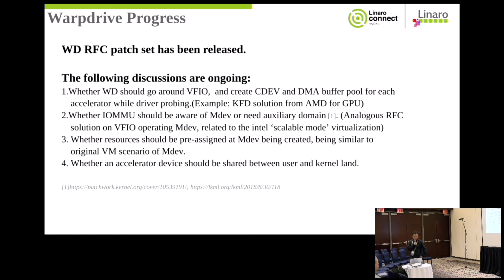The example is the KFD solution from AMD for GPU. Secondly, whether the IOMMU should be aware of mediated devices or need an auxiliary domain. This is proposed by Intel. I think it's analogous to the RFC solution on VFIO operating mediated devices.